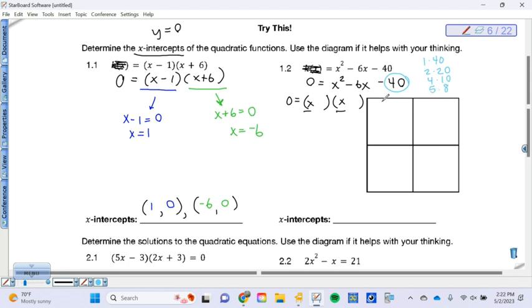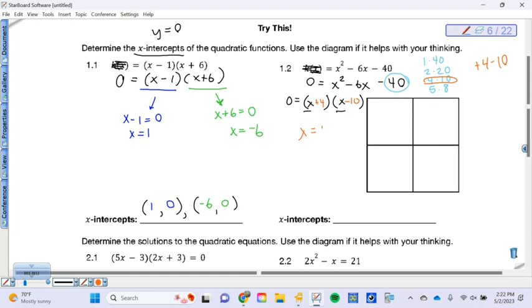Which of those are going to get me to 6? Good, 4 and 10. How do I get to negative 6 from 4 and 10? Positive 4, negative 10. So those are my factors then. X plus 4, x minus 10.